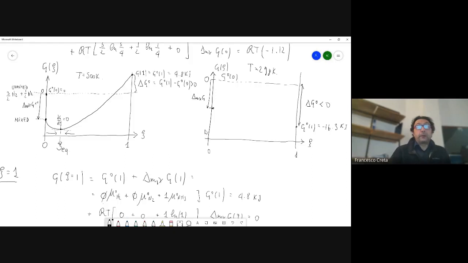So now the shape of our G psi has changed, and now the value of equilibrium has shifted, you see, from here to here. So essentially changing the temperature has changed the conformation of this graph, essentially because we're taking this and shifting it down here, okay?